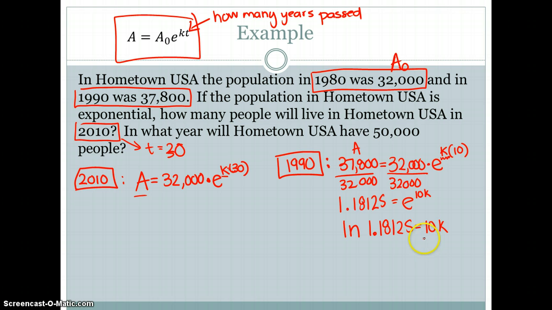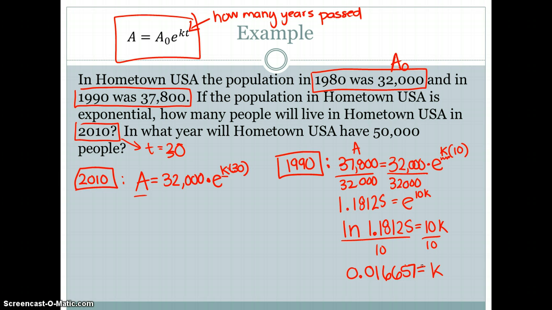We want to know what k is. So type that natural log in of 1.18125, find that answer, and divide by 10. And you should get that k is 0.01667, and I'll stop writing at that point.